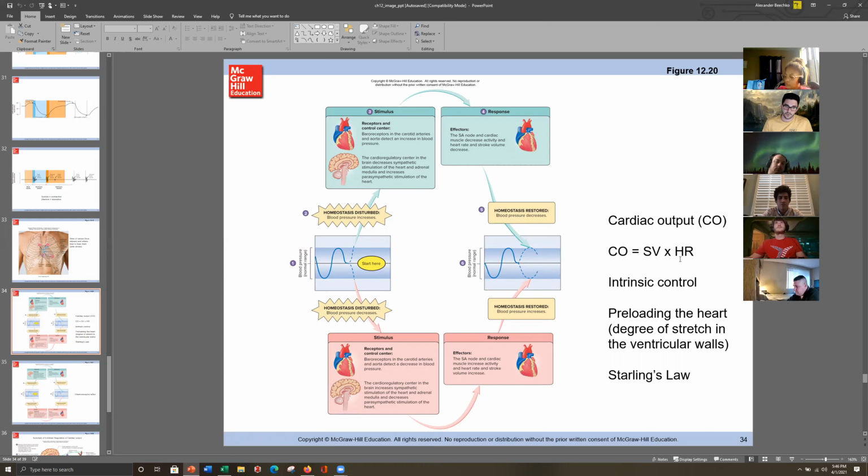Conversely, if you have poor cardiovascular health, then your stroke volume will not be as high, and sometimes your heart rate can increase to compensate for that, but also for other health reasons. If we compare heart rates of children or of fetuses, right?